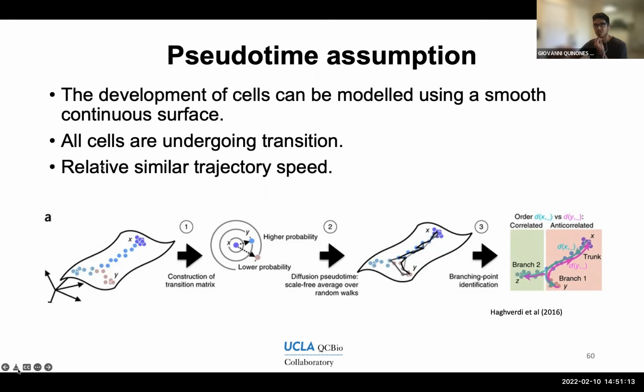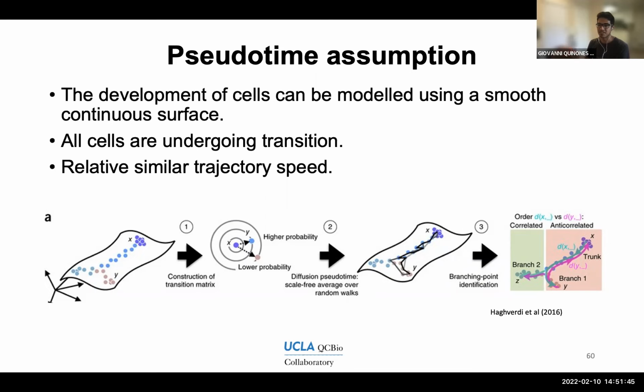And this third point relates to the initial point that I mentioned: because we're only looking at time in a one-dimensional space, we can't really account for complex time, say one branch differentiating much faster than another one, or cycling back.